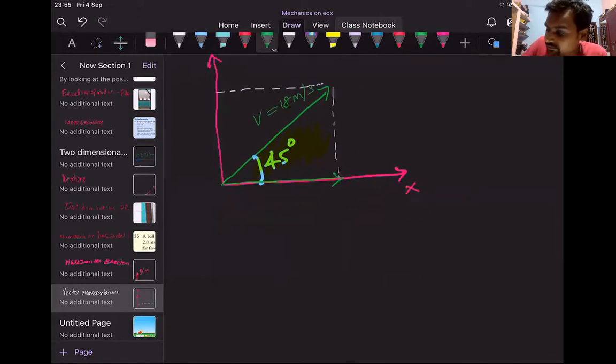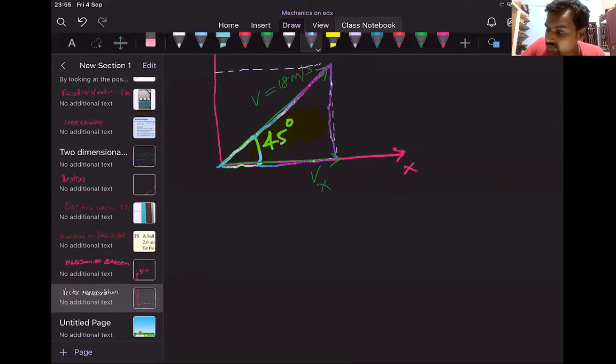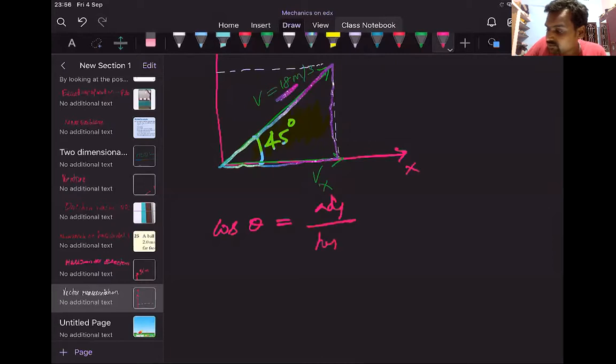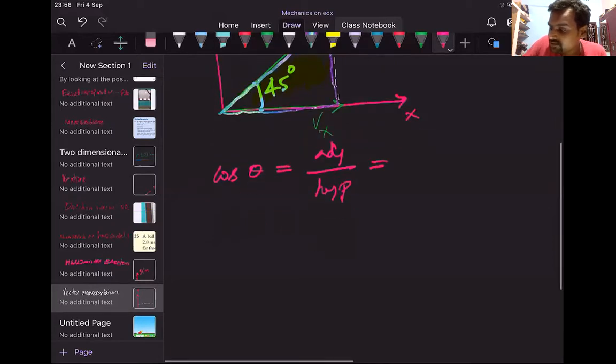So how do I find Vx? We have a right angle triangle here, correct? And we know the hypotenuse to be 18 meters per second. We want the adjacent side, which means it's cos theta we are talking of. So cos theta equals adjacent by hypotenuse. The adjacent is what I call Vx.